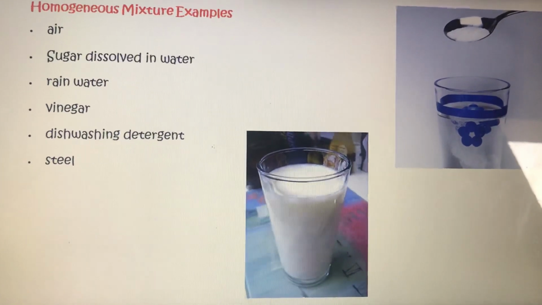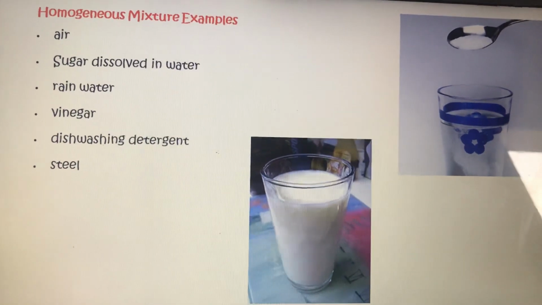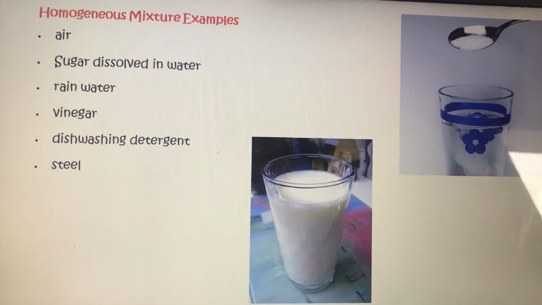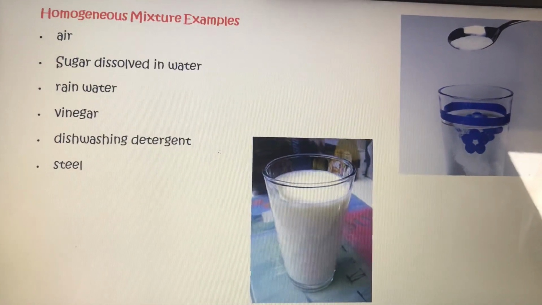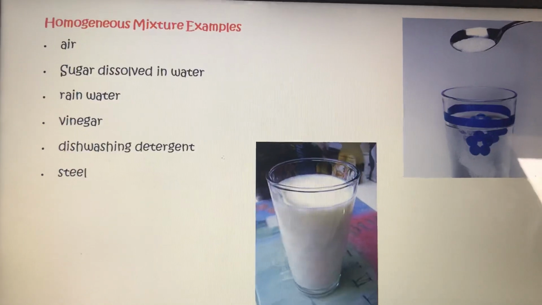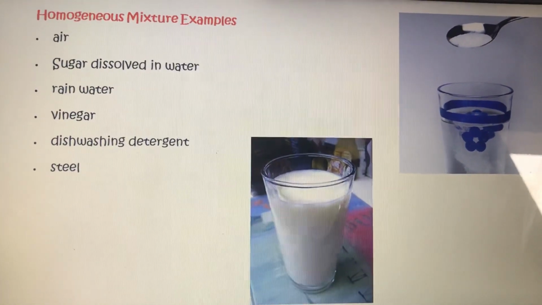Sugar dissolved in water. When you dissolve something in water, such as sugar or salt, you cannot see it anymore. So I can see one phase, which is water, but in this water I have sugar dissolved. That's why I say it's a homogeneous mixture, because I cannot separate the sugar from water physically or easily.